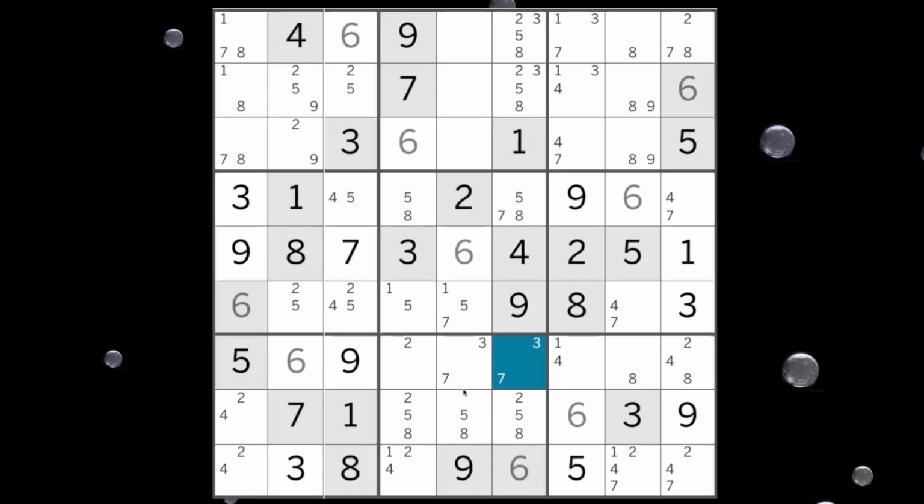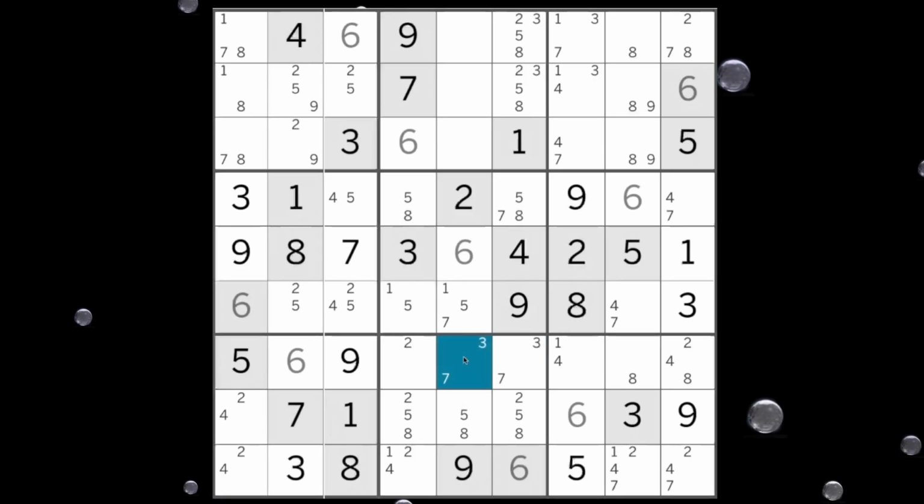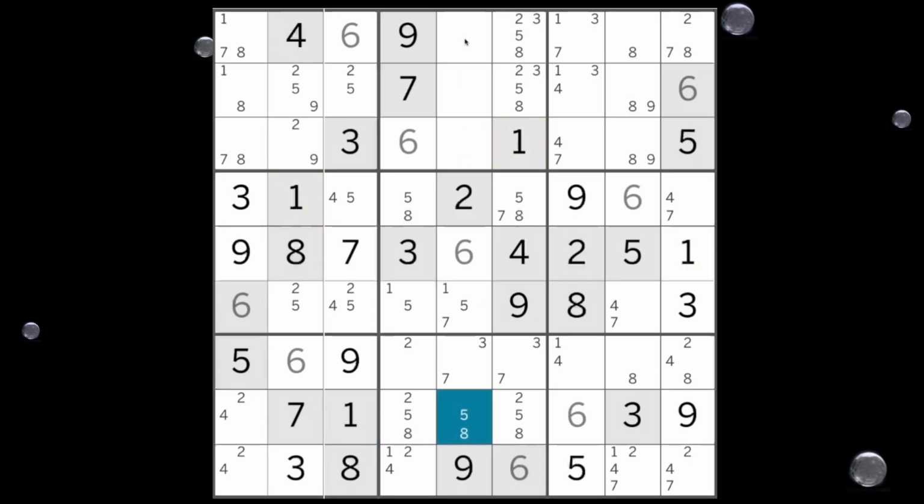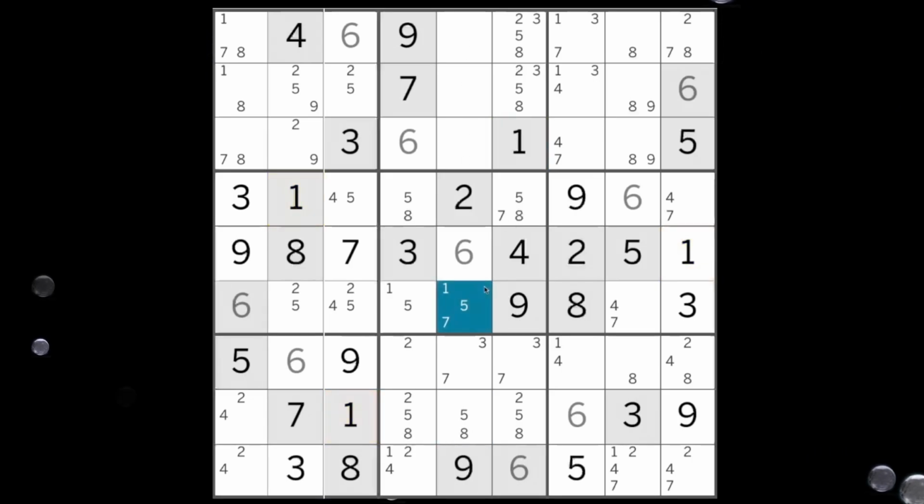So in this, 1 can't be there. That has to be a 3, 7. 1 can't be there because of that. And 1 can't be in these 3 because of this one. That has to be a 1.